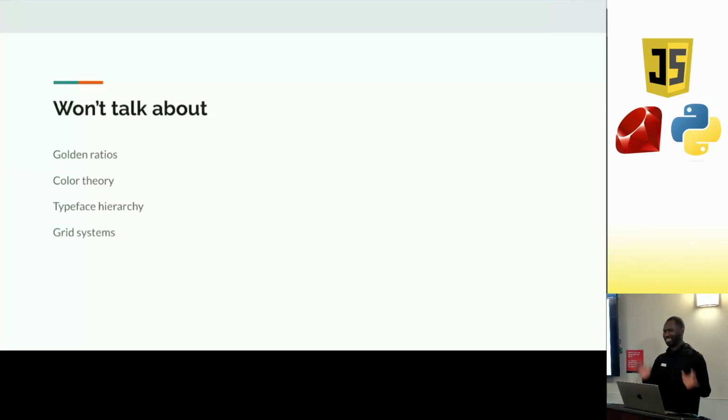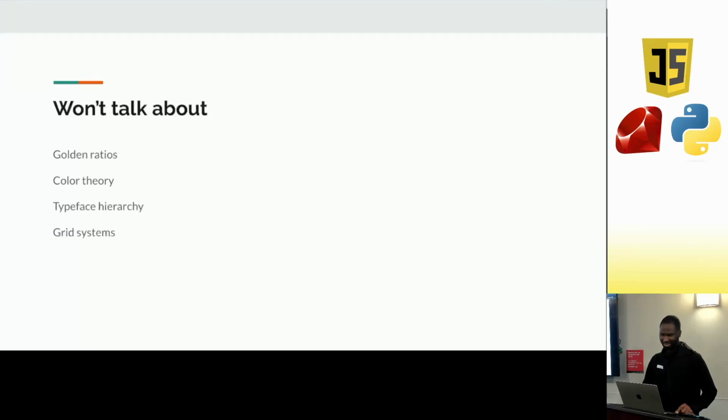So it's designed for UI design, but for developers, right? Because most developers can't make UI look pretty, apparently. So because of that, we are not going to talk anything about golden ratios or color theory or typeface hierarchy or grid systems or any of the fancy stuff designers like to talk about. We're not going to talk about any of that.